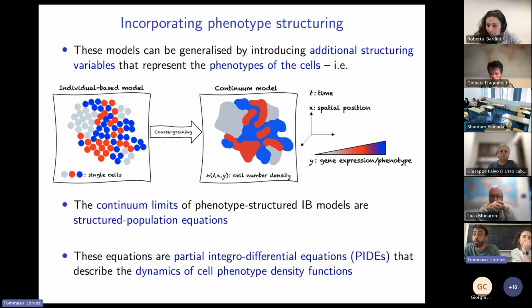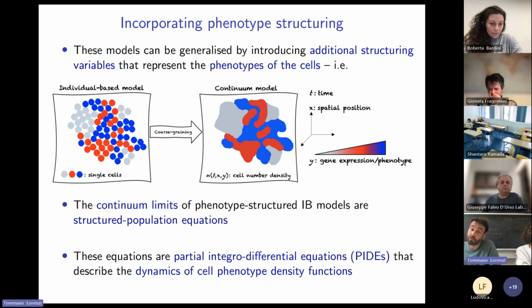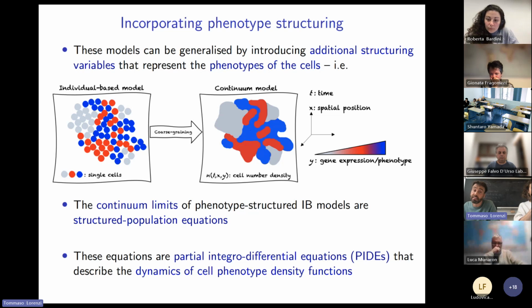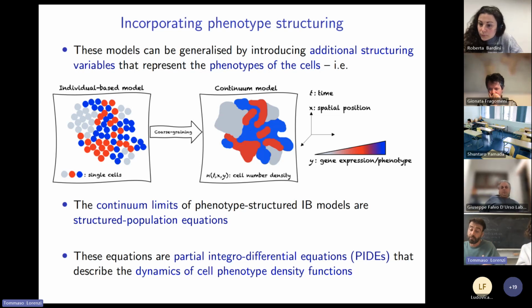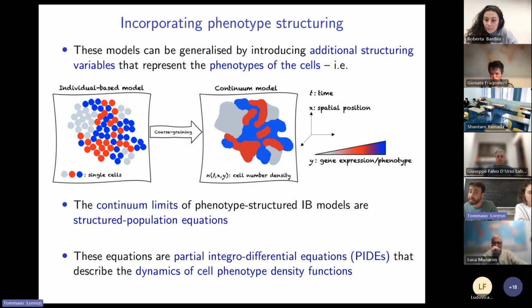And so, in essence, what one can do is introduce in this type of models additional structuring variables which describe the cell phenotypic states, and then using appropriate extensions of the limiting procedures that we typically use in order to derive the mesoscopic and macroscopic models in the setup of the models that we have presented so far, one can recover again a microscopic model which captures not only the spatial and temporal dynamics of the cells, but also the way in which their characteristics, i.e. their phenotype, can evolve over time.